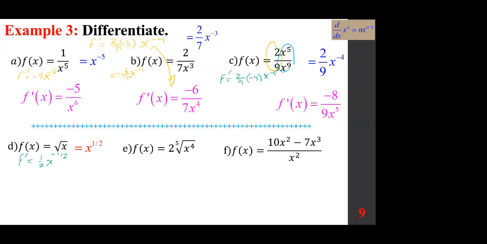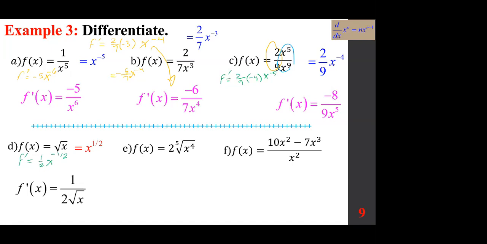So 1 over 2 x to the power of positive 1/2, or 1 over 2 square root of x. It's a very straightforward process, everybody. I hope you are comfortable with that. So I have one step of calculus and a couple of steps of algebra.